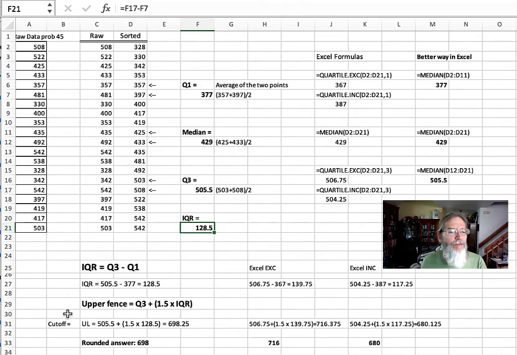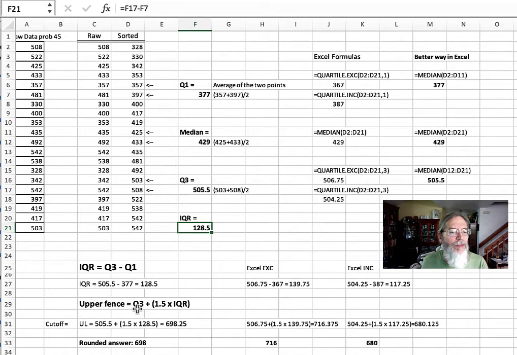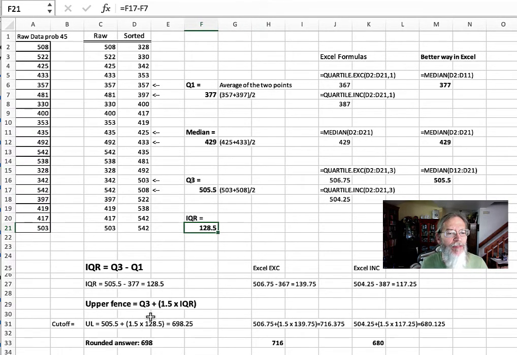So the upper fence is going to be Q3 plus 1.5 times IQR. We're going to allow data to go beyond simply the middle 50%. You know how wide that is. We're actually going to increase that by multiplying by 1.5.